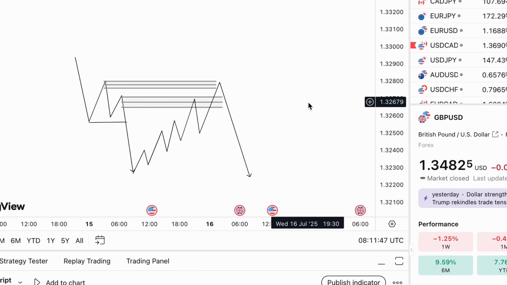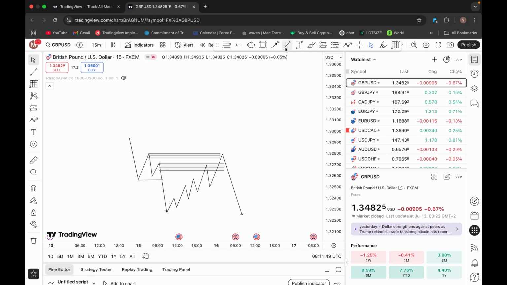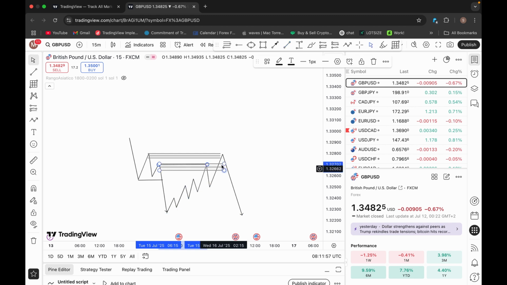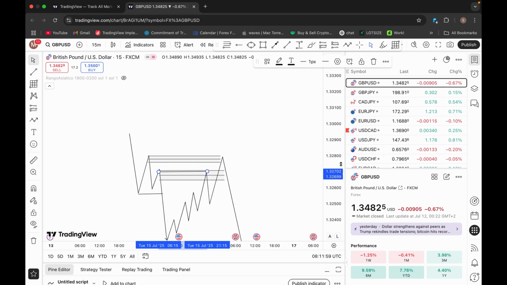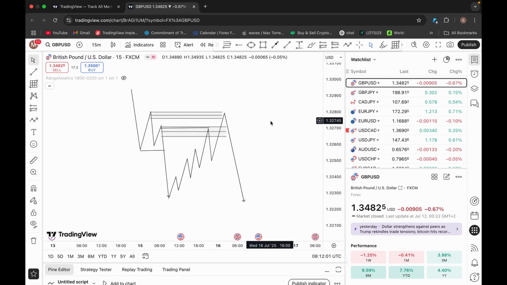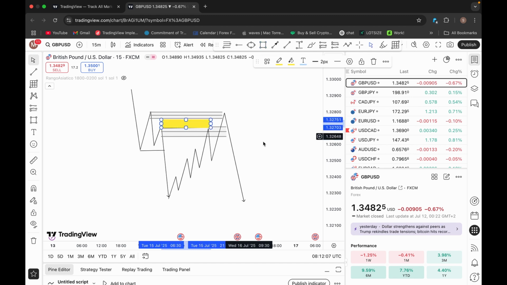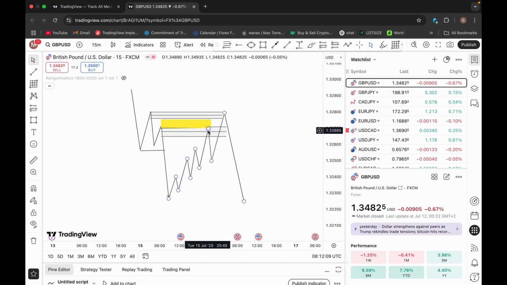So what has basically happened here is, as you can see, we've got equal highs right here. Most retail traders are taught to trade support and resistance, and where they put their stop losses is basically above these resistance areas. So this zone right here becomes a pool of stop losses, because traders are placing their sell entries right here.